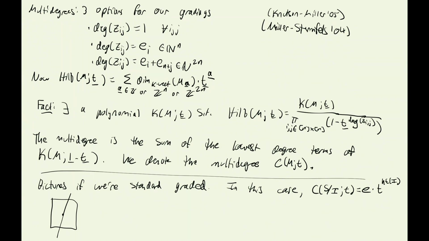So let's picture this plane with a line through it existing in 3-space. If I intersect with one other line so that I get finitely many points of intersection, I'm going to get 1 point of intersection.